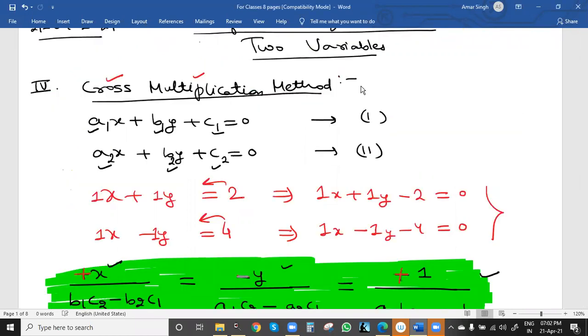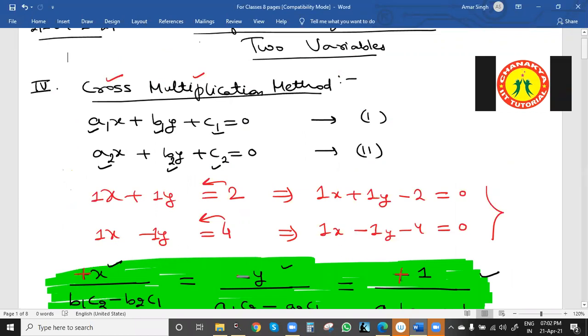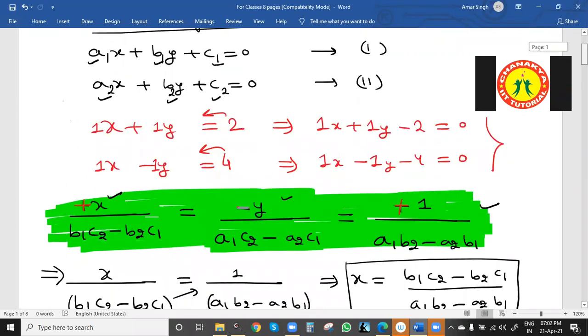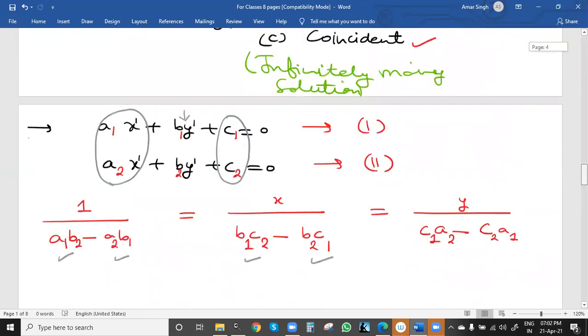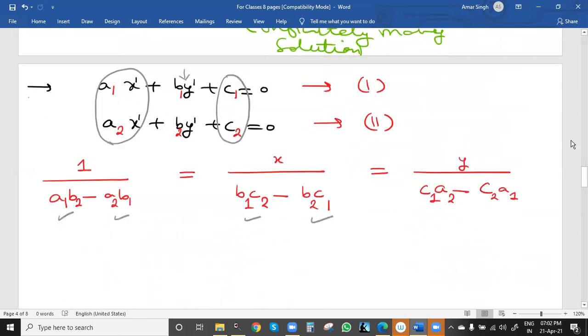Because of the minus, this time the cross multiplication gets changed in y. That's why it's important to just know the formula, how we wrote 1 x y, ab bc ca. So for the y value we do not go from the right, because for y we have a minus sign.